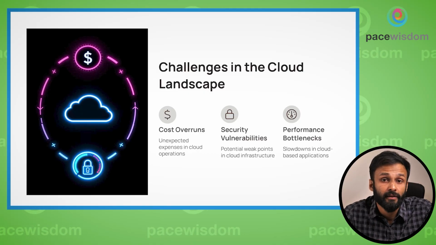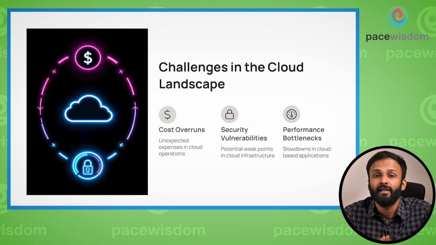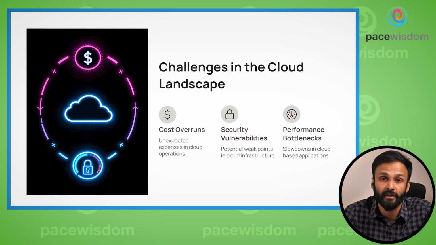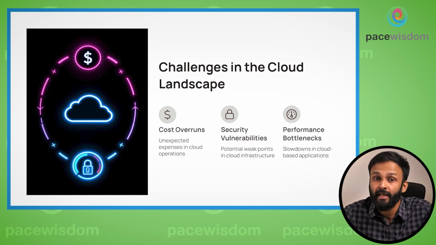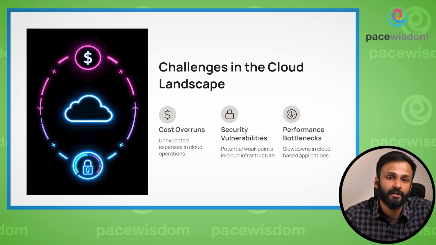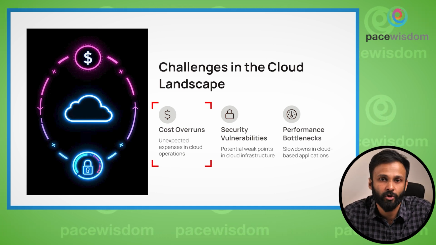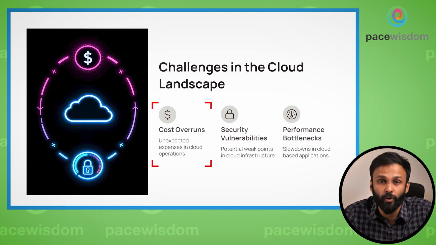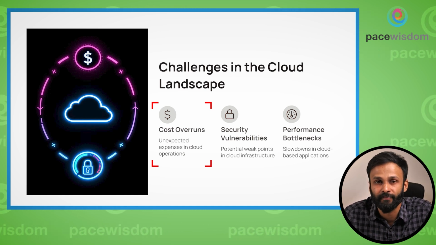Before we dive into solutions, let's acknowledge the common challenges most organizations face in the cloud. These are the pain points that the Well-Architected Framework is designed to address. First is cost. This is a big one. Cloud costs can quickly go out of control if not managed carefully.